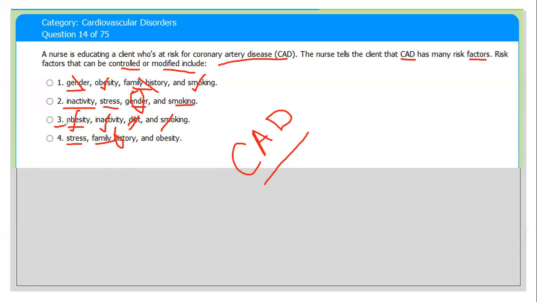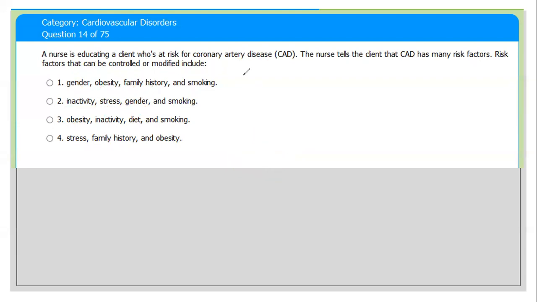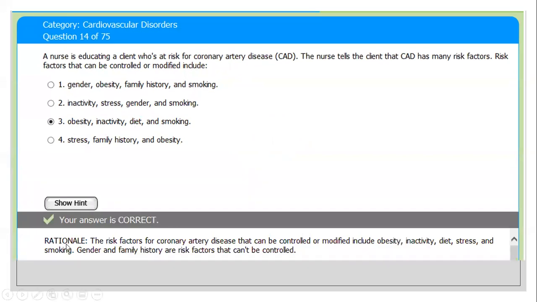So definitely we choose the answer with only 3 that are possible to modify. The rationale said the risk factors for coronary artery disease that can be controlled or modified include obesity, inactivity, diet, stress, and smoking. Gender and family history are the risk factors that cannot be controlled, right, my friend?